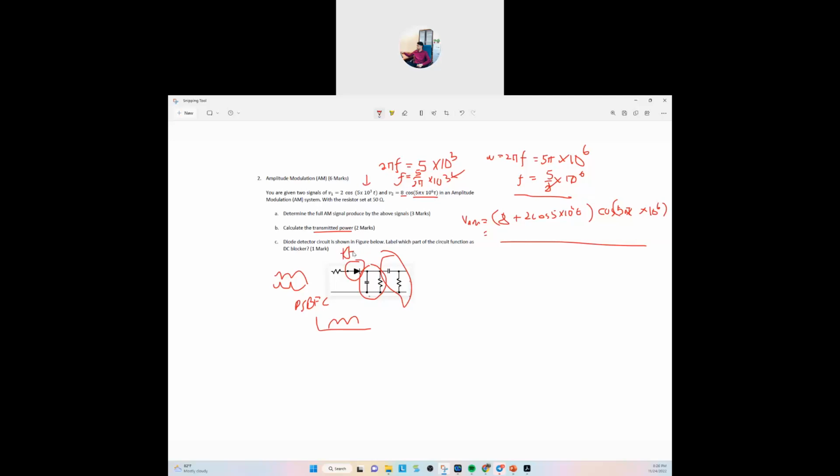Something like that. But DC means we have current polarity at one value only, either positive or negative. We cannot have both; if both, it is alternating current. DC current only has one polarity. So either it is positive here or it can be like this, depending on the polarity. So you need to see the diode as well. This one is the low pass filter, DC blocker. Hopefully you try to understand this envelope detector circuit.